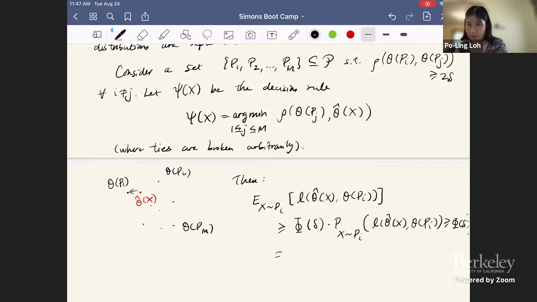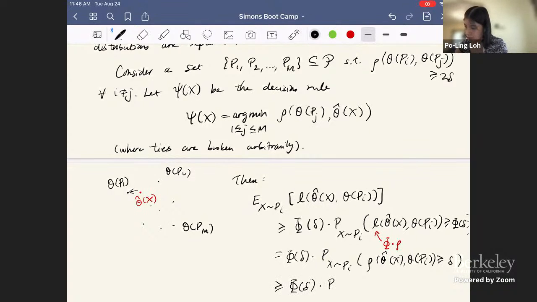And this is equal to phi of delta times, now we use the fact that L is equal to phi composed with rho, and phi is an increasing function. So we just get rid of the phi. X is distributed as P_i, rho of theta hat of x, theta of P_i greater than or equal to delta. And now this actually is greater than or equal to phi of delta times the error probability, the probability that when x is distributed as P_i, psi of x is not equal to i.